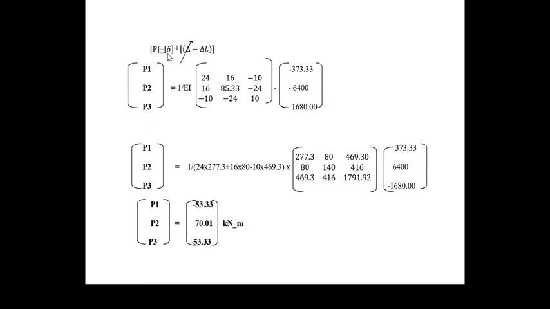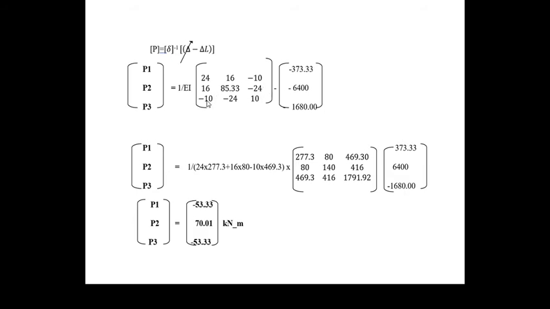Then delta inverse, how to make that delta inverse, means 1 by EI. We substitute small delta 11, small delta 12, small delta 13. Here small delta 21, small delta 22, small delta 23.